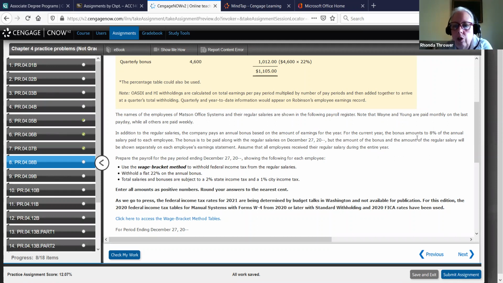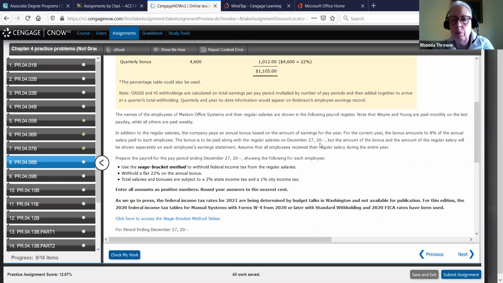For the current year, the bonus amounts to 8% of the annual salary paid to each employee. The bonus is to be paid along with the regular salaries on December 27th. So sometimes when you pay bonuses, they can give you a separate check and not combine it with your regular paycheck.